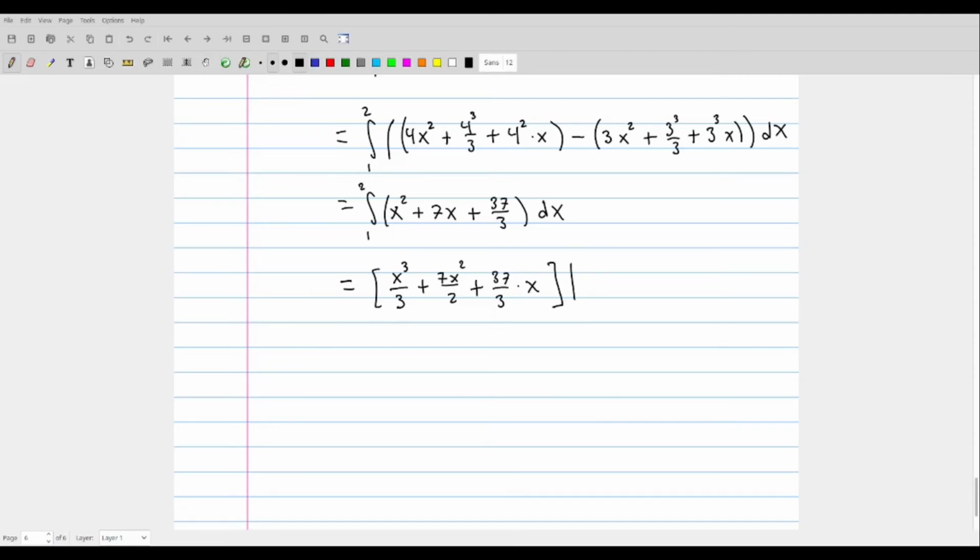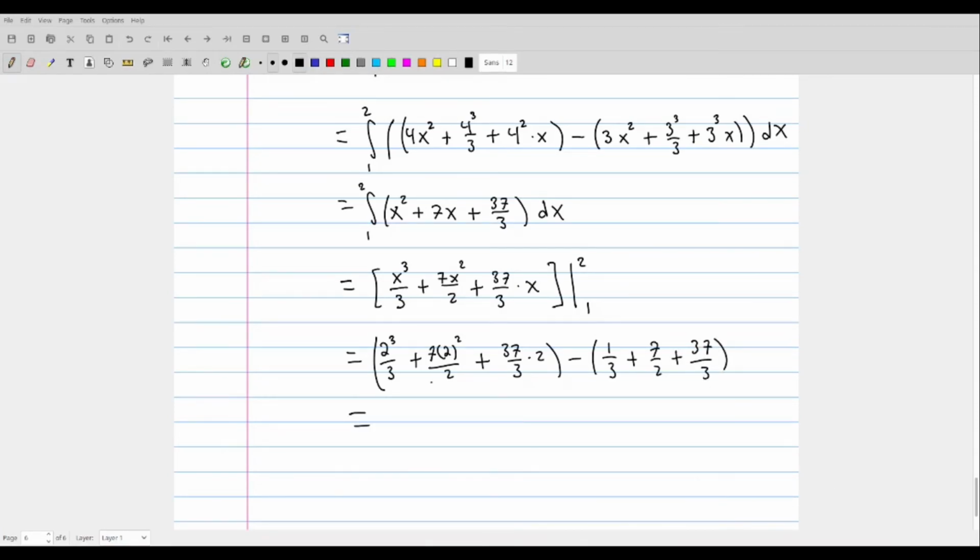And when we plug in our bounds here from 1 to 2, this becomes 2 cubed over 3 plus 7 times 2 squared over 2 plus 37 over 3 times 2, minus the lower bound plugged into this function, which is 1 cubed over 3 plus 7 times 1 squared over 2 plus 37 over 3.